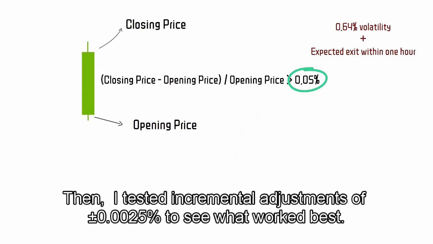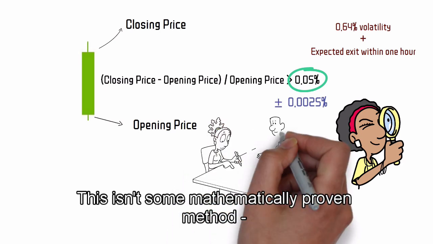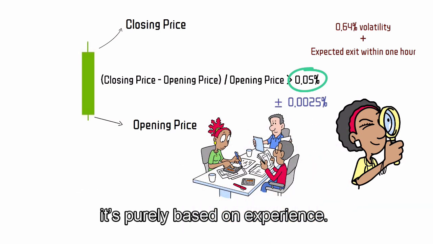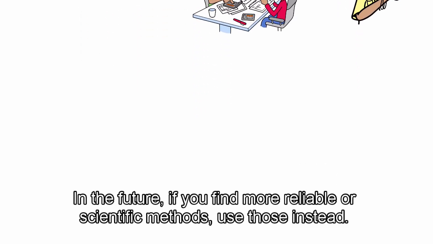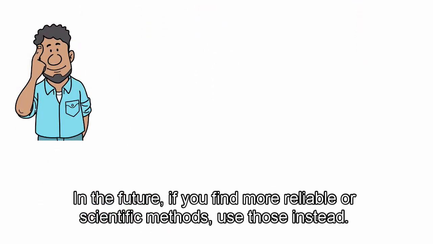Then, I tested incremental adjustments of plus or minus 0.0025% to see what worked best. This isn't some mathematically proven method, it's purely based on experience. In the future, if you find more reliable or scientific methods, use those instead.